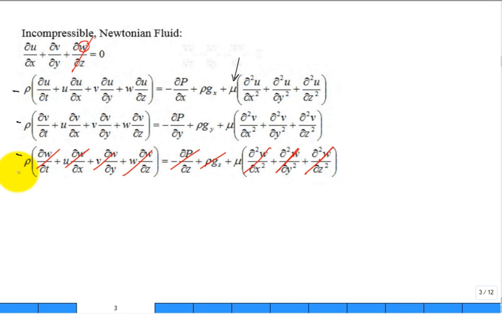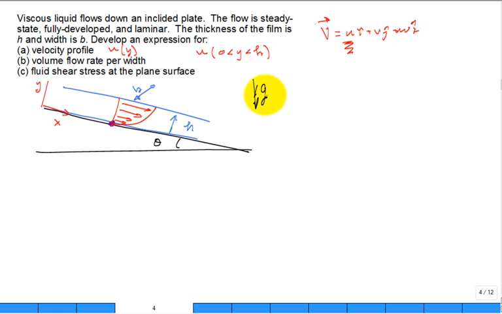All right. I think I need to talk a little bit about these terms right here. Let me go back to my illustration. If I have G, I need to decompose it into something in the X direction and something in the Y direction, true?